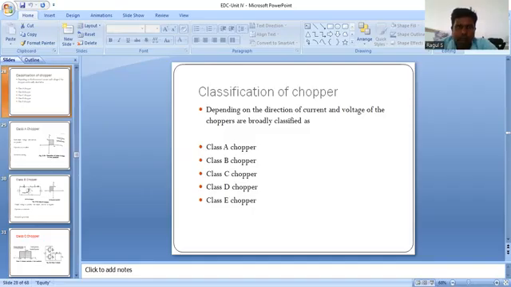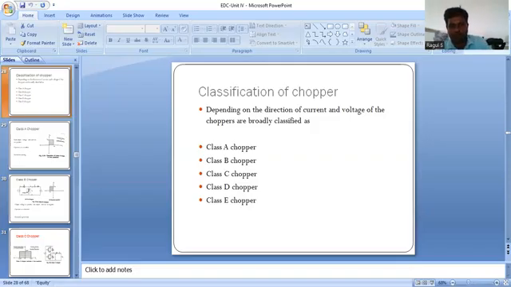The circuit consists of only one SCR, which is the chopper switch, indicated by the dotted line. The output is connected to an RLE load. Here the output voltage is positive, but the current is negative. So that is the class B chopper.